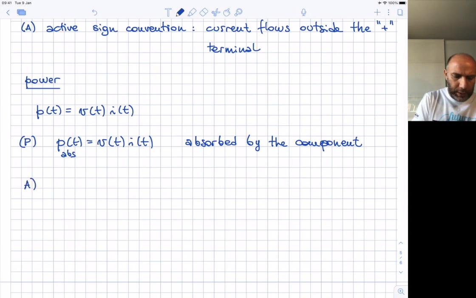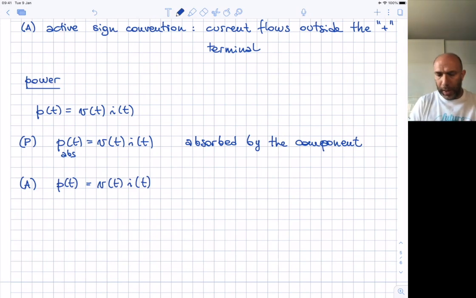Whereas if we study the component according to the active sign convention, the power P equals VI is the power generated by the component.